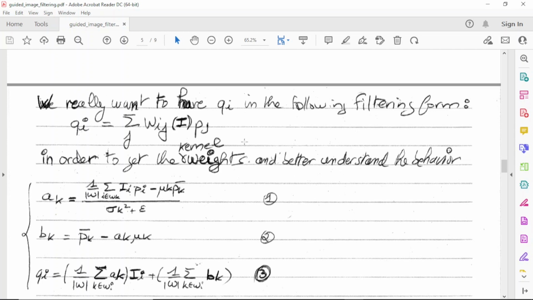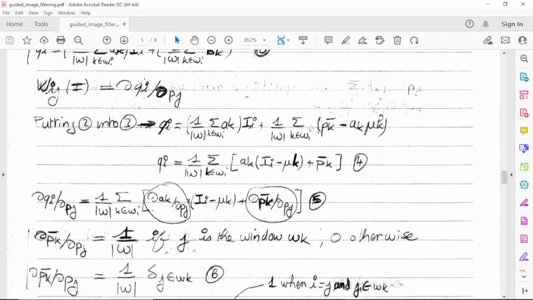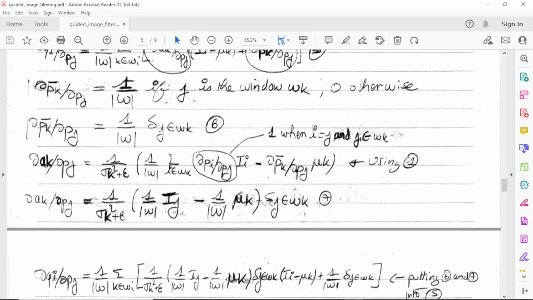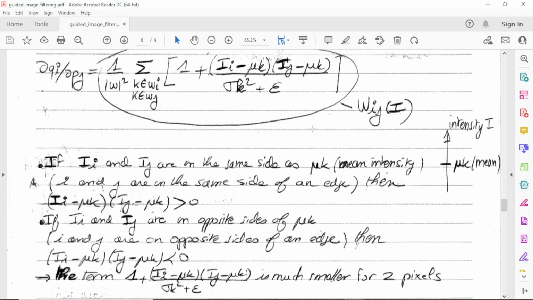That way you can visualize the weights, and you can make sense of what this is doing. Otherwise it's kind of hard to understand what's going on. Here I have a lot of equations, but I'm not going to go through that. It's pretty intense.